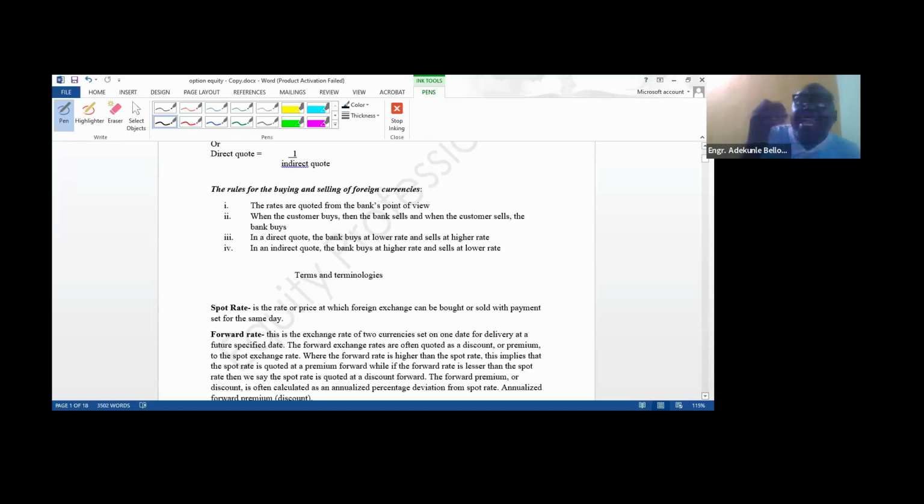If you are giving a direct quote, the bank will buy at the lower rates and sell at the higher rates. In an indirect quote, the bank buys at higher rates and sells at lower rates.